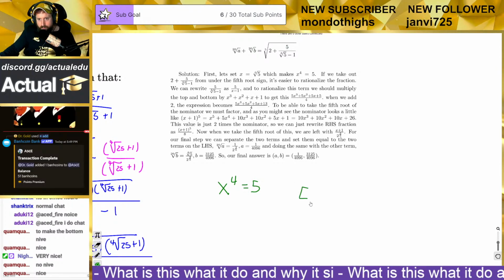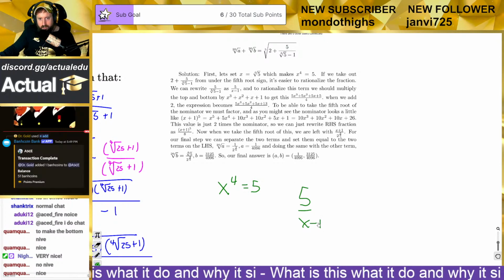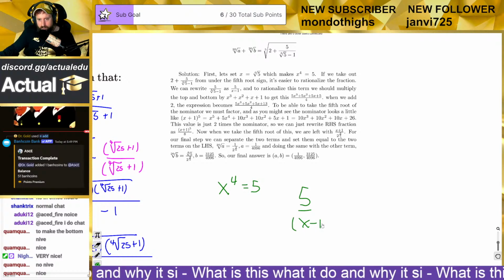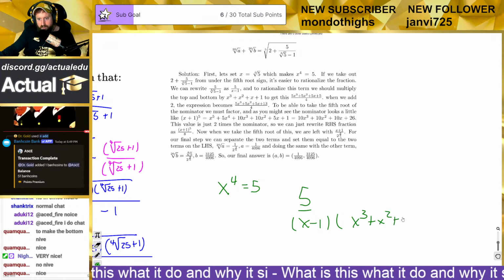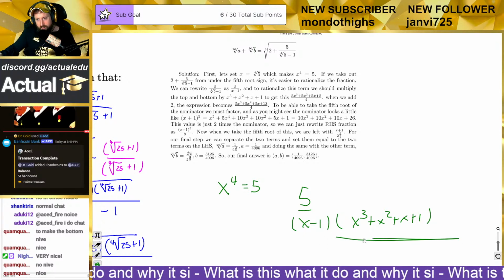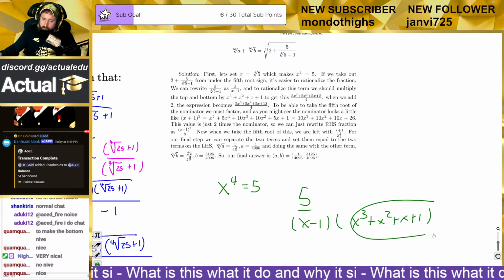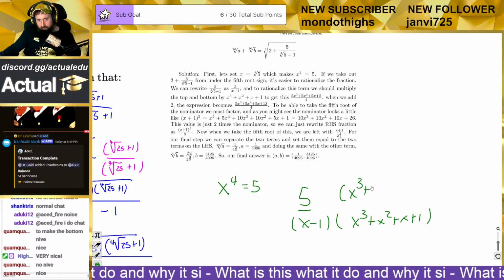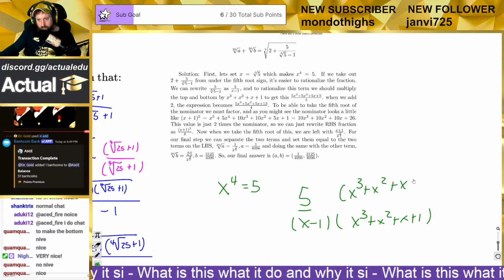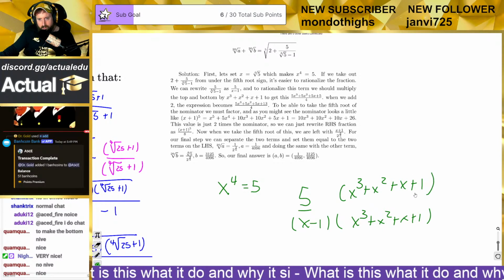Okay, so I have 5 over x minus 1. And then you're gonna multiply this by x cubed plus x squared plus x plus 1? Why? Where did this come from? That I'm curious about.